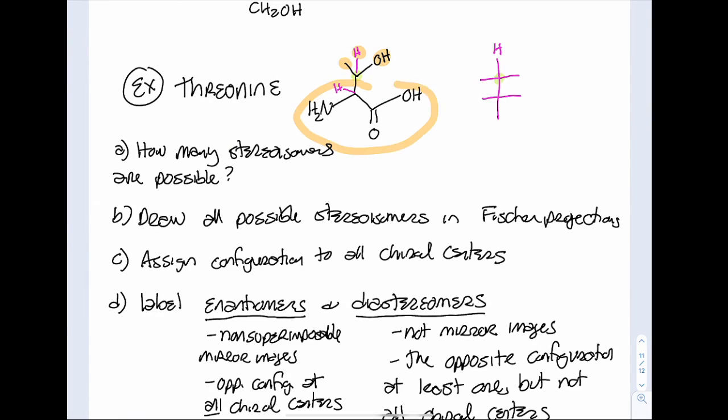And then this part is actually going to be that part. And again, because I'm going to draw all possibilities, it doesn't matter where I start. I'm choosing to put the hydrogen on top because then when I figure out my configuration, I don't have to do any reversing. So I'm just going to choose there. And I'm going to redraw these down below so we can draw all possibilities. I just want to do the first one where it's sitting next to this so we can see what's going on.